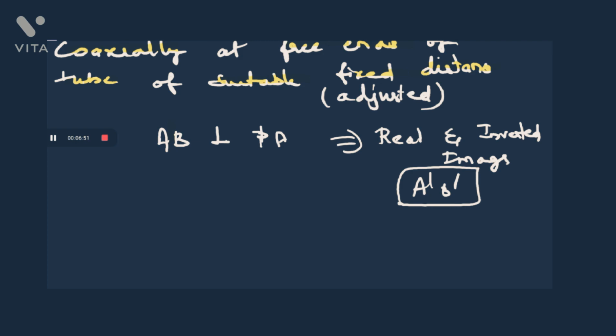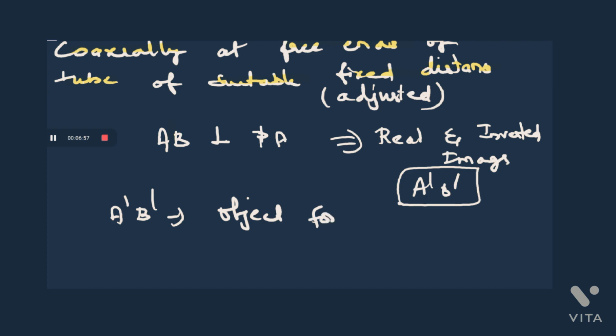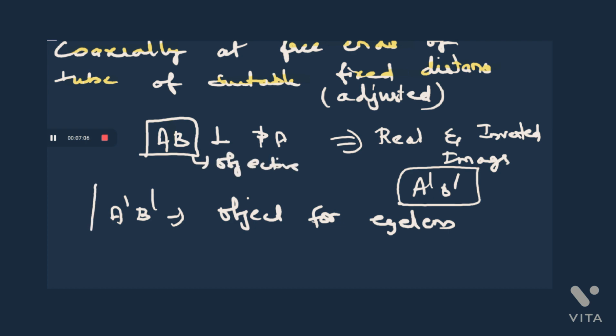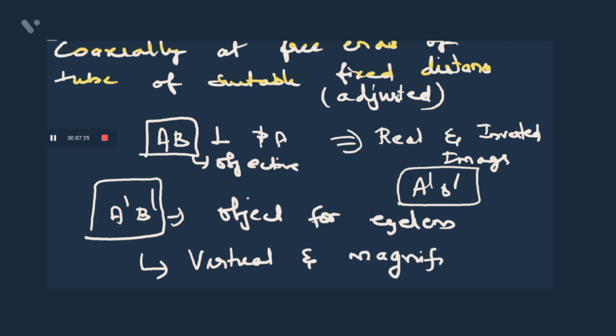This A dash B dash will act like an object for the eye lens. As you know, AB is placed closer to the objective lens, and A dash B dash is formed near the eye lens and acts like an object for it, whose position is adjusted between the optic center O2 and the focal length of the eye lens, so that it results in a virtual and magnified final image A double dash B double dash.